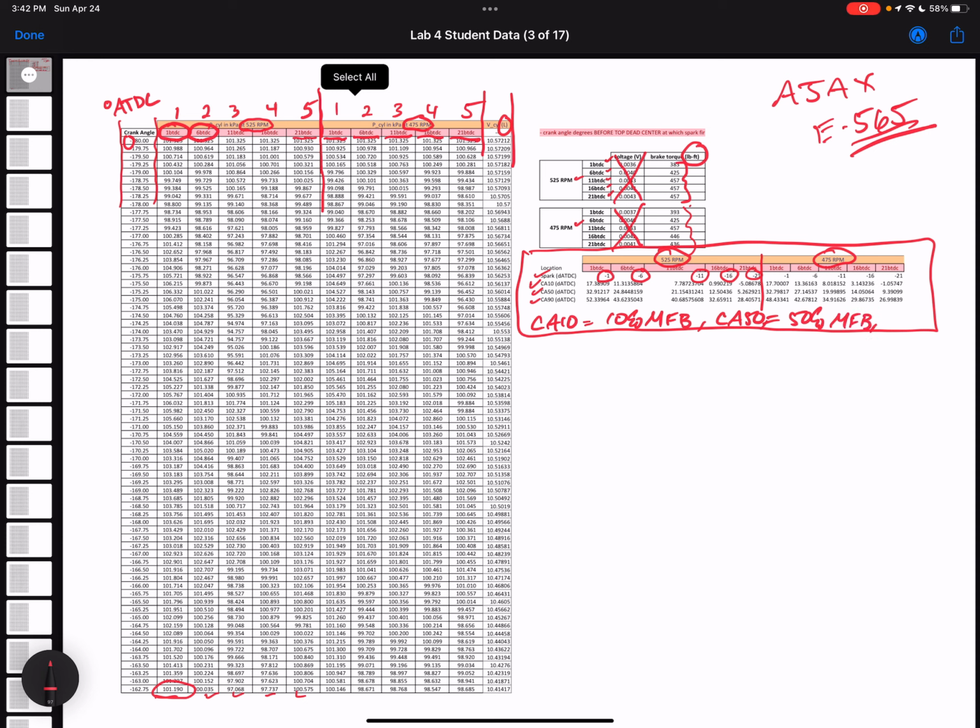And then CA90 is, of course, 90% mass fraction burned, okay? And so you can see here that 90% mass fraction burned for 525 RPM at -1 degree spark timing occurs at 52 degrees after top dead center, 52.34 degrees, okay?